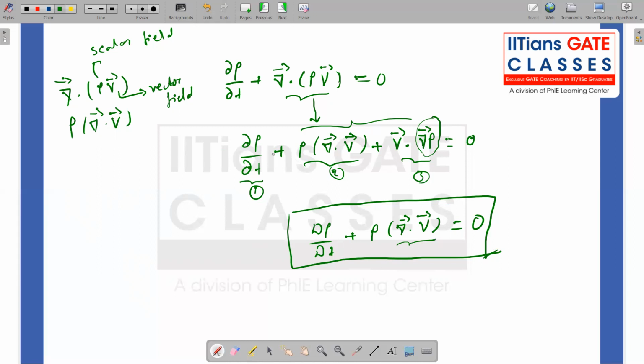So these two terms become zero, and the only term left in this equation is ρ times del dot v, which is equal to zero, and that basically says, because ρ is constant, that to hold that condition, the divergence of the vector has to be zero in incompressible limits.